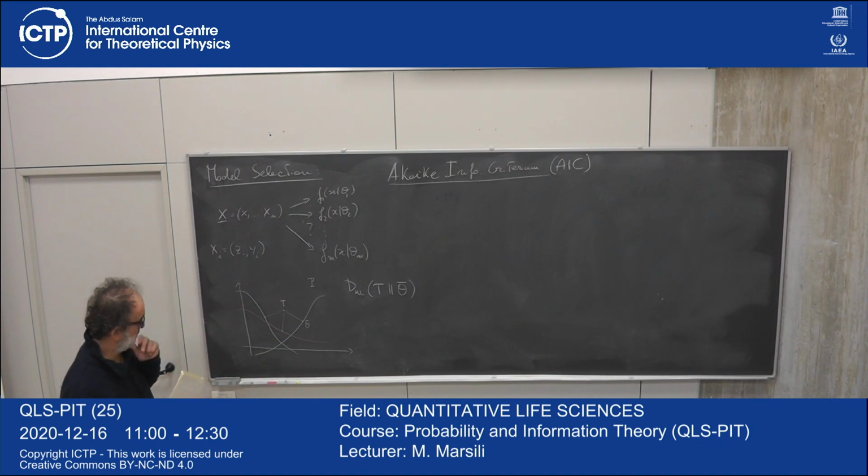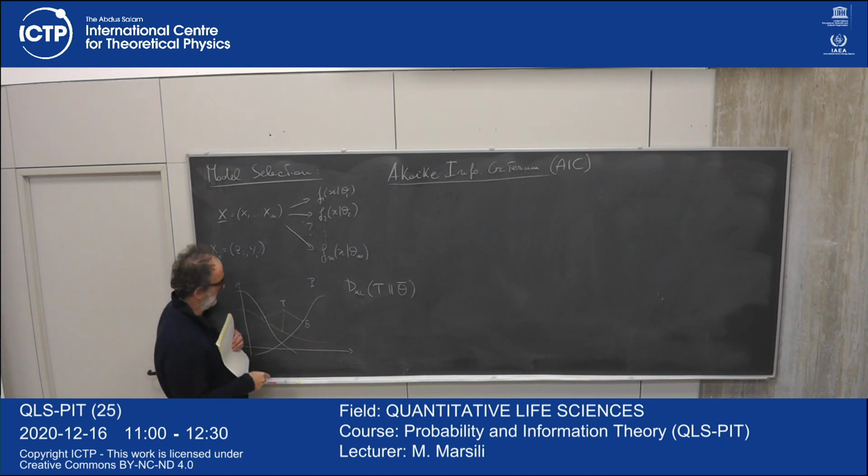Now, what is the problem in here? Well, the problem is that you don't know what the true model is, and you don't know what this theta hat is either. So what you have is actually a sample, and when you do your estimation, what you can estimate is actually the maximum likelihood parameters.